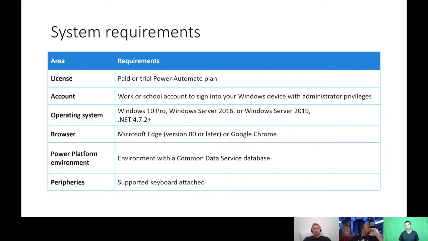This is because to trigger the RPA on the Power Platform, we actually need to use this action in Power Automate. Power Automate is this orchestrator that starts RPA processes on the local machines. And the RPA action is a premium one. So therefore we need to have this paid or trial plan.